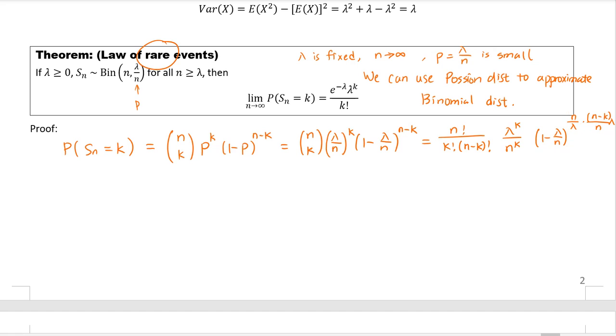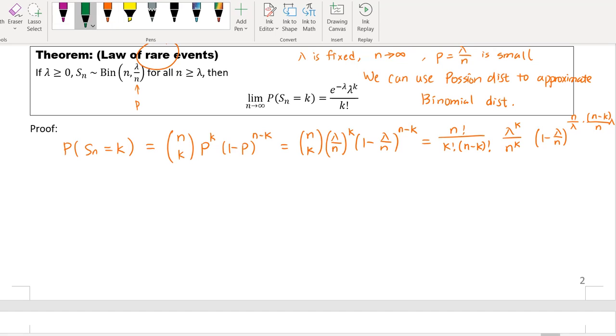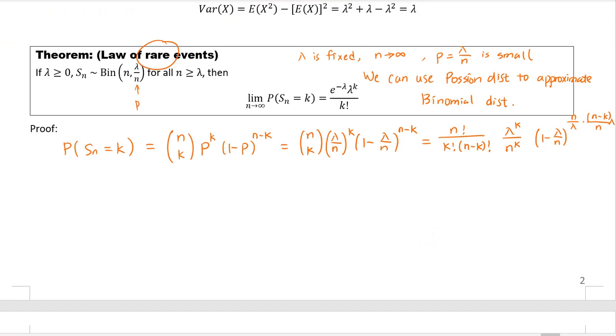Okay, so now I'm going to continue. Let's look at these guys. What is this one? This is the same as n times n minus 1 times dot dot dot times n minus k plus 1.